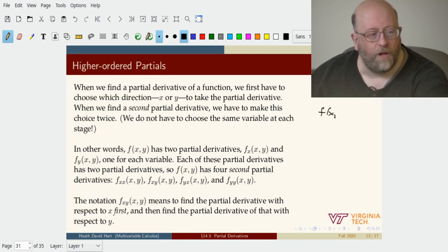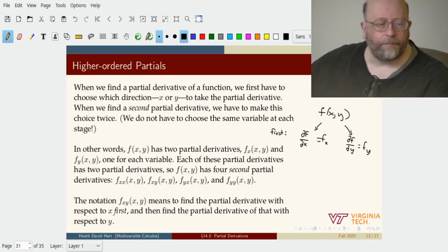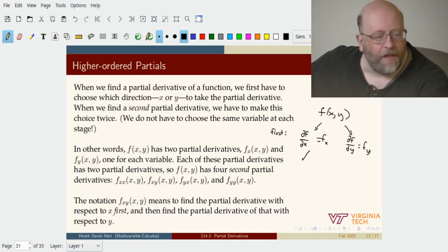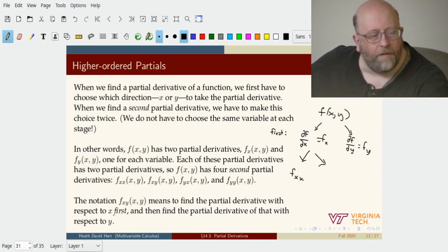If I have a function of two variables, there are two first derivatives, because I can take the derivative of the function with respect to x, which we abbreviate f with a little x, or we can take the derivative of the function with respect to y, which is f with a little y. But when I take the second derivative, that's the derivative of the derivative, and so I have to make that same choice again. And so we end up with 4 second partial derivatives.